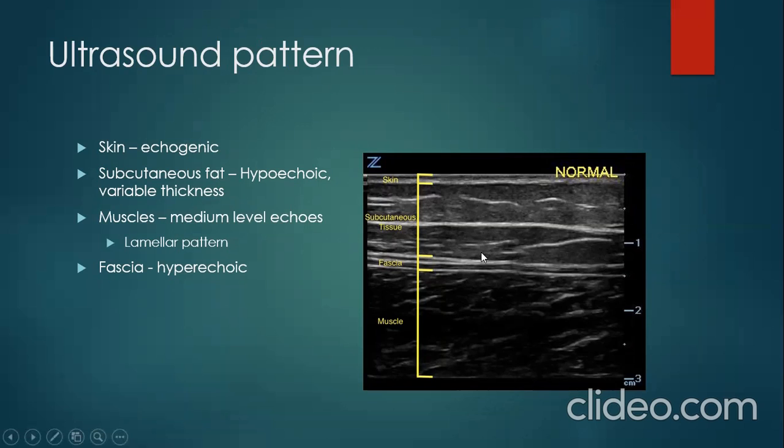This is subcutaneous fat, and it is usually hypoechoic. Its thickness varies based on body habitus. Then we have our muscle, which has a mid-level echogenicity, and it has this lamellar pattern. In between, we have this fascia, which appears hyperechoic. All right.